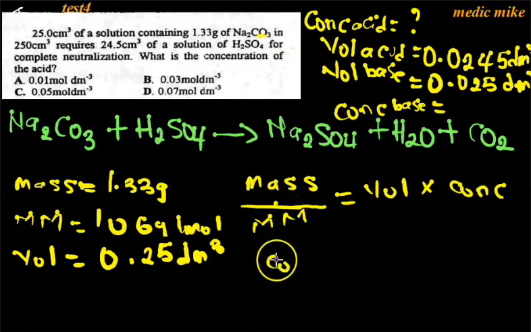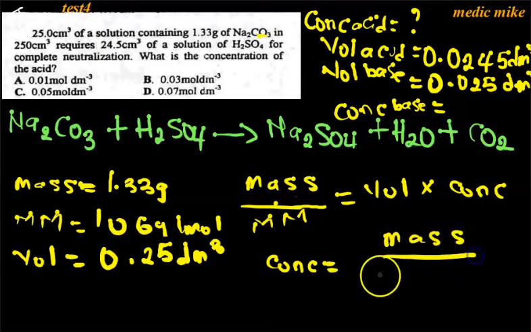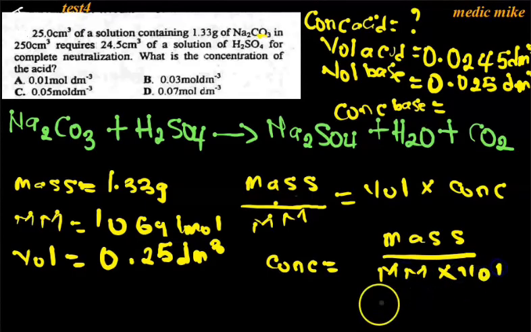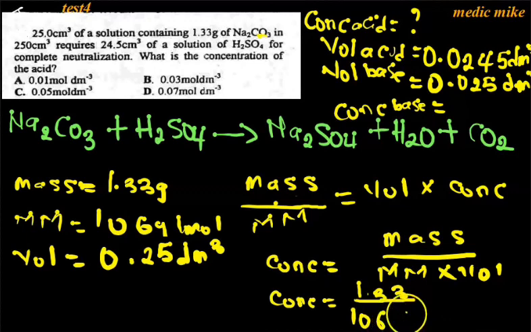So concentration of base would then be equal to mass divided by molar mass times volume. When we input our figures in, we'll be having 1.33 grams divided by 106 gram per mole times 0.25.